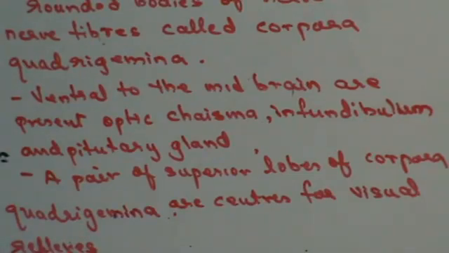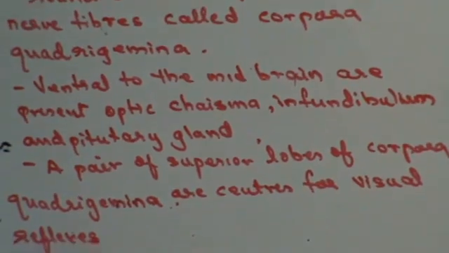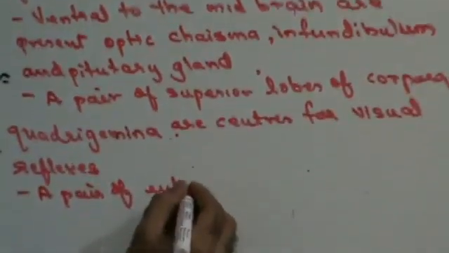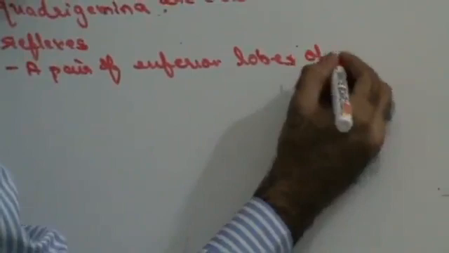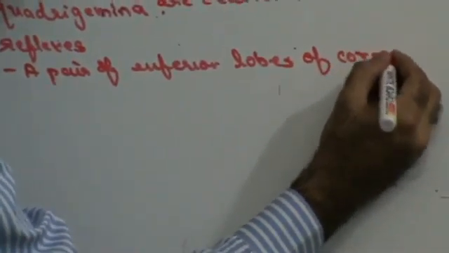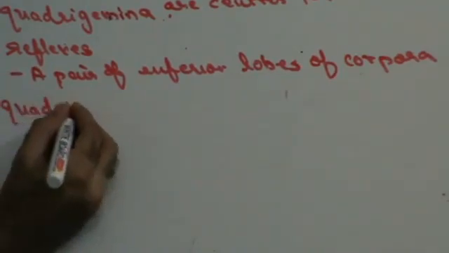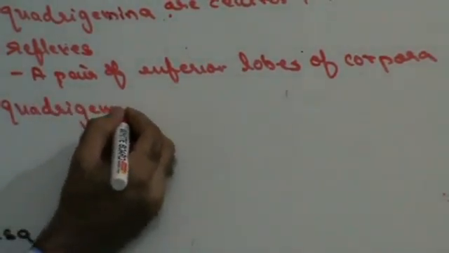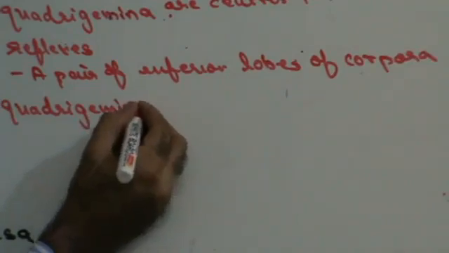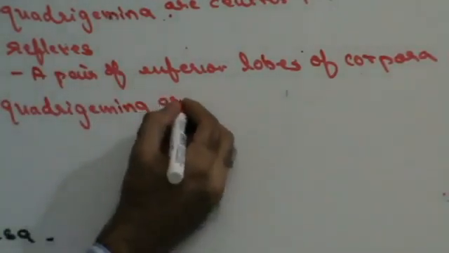Then a pair of inferior lobes of corpora quadrigemina are centers for auditory reflexes.